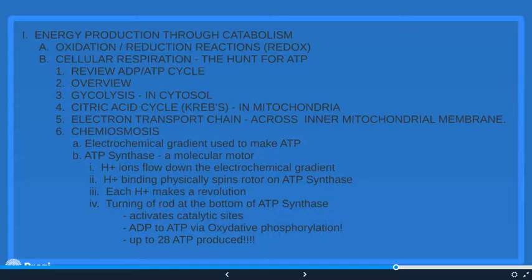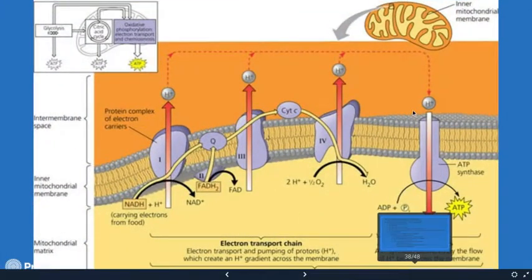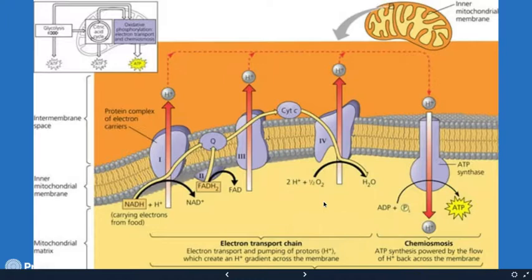As the hydrogen ions flow down that electrochemical gradient, we're going to have what's referred to as the proton motive force. So here's our hydrogens now. And they are able to then move down the ATP synthase, which is also embedded in this inner mitochondrial membrane.